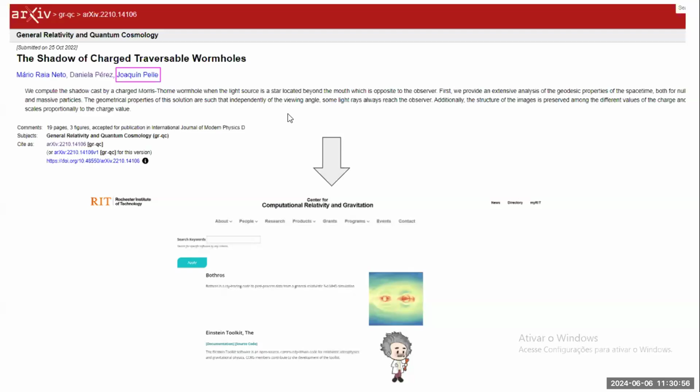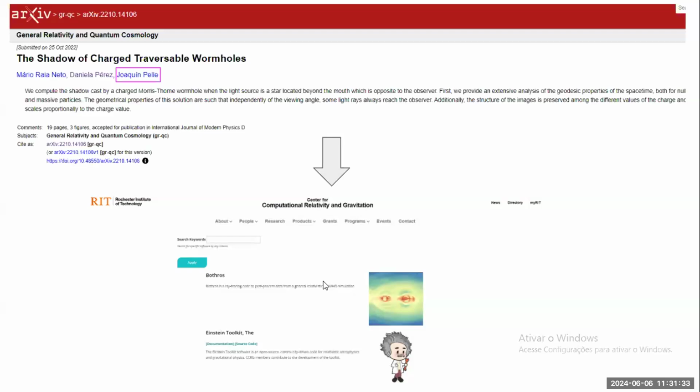I published a paper about wormholes, shadows of wormholes, in 2022, and one of the authors of the paper was a visiting scholar at Rochester Institute. Then I searched the site of Rochester Institute, the Center for Computational Relativity and Gravitation, and I saw the projects, and I found you guys here, the Einstein Toolkit.